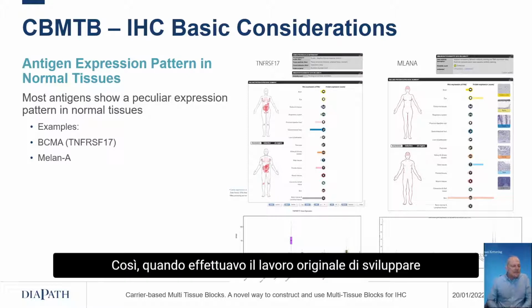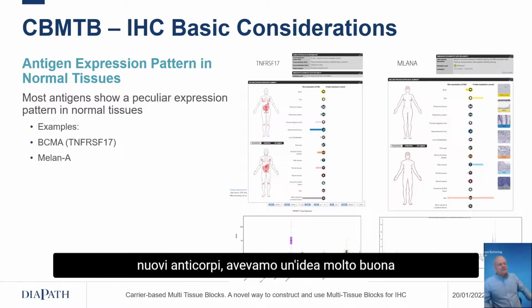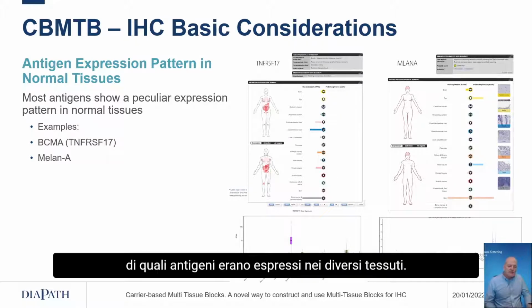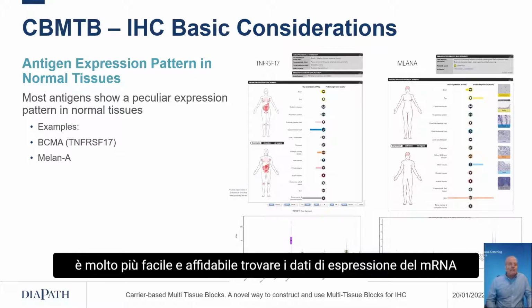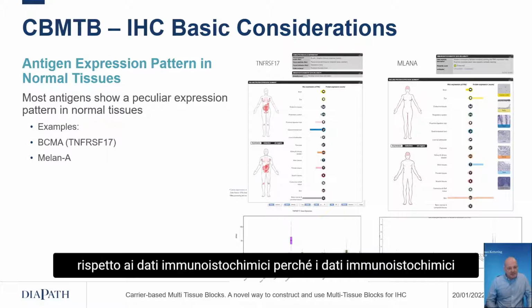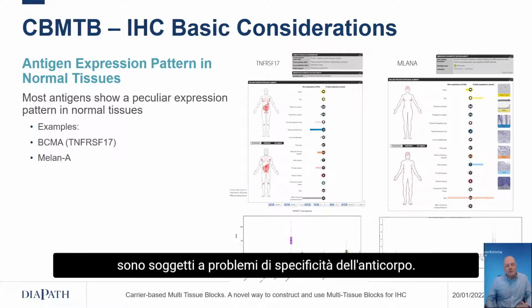When I did the original work in developing antibodies, we had a very good idea about the expression of certain antigens in different tissues. And today, even more so than many years ago, it's almost easier and more reliable to find mRNA expression data than IHC data, because IHC data are prone to the problems of specificity of the antibody.